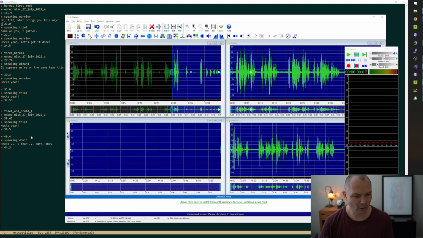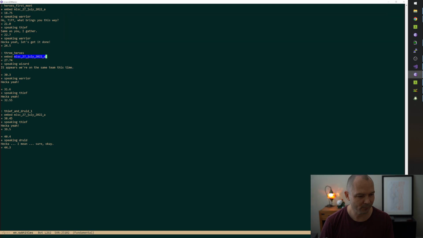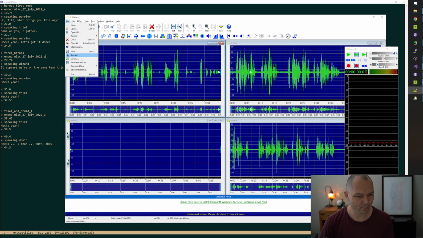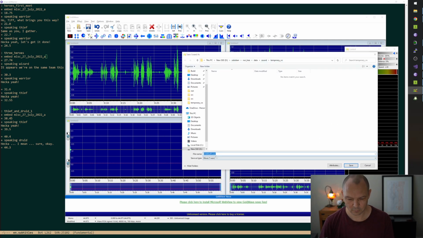Oh, I also need to save this frickin' file, by the way. And put it in source control. I'm going to make it an OGG file because we do not care about the quality of any of this. So we don't need to save an uncompressed version. And we're going to call it that.